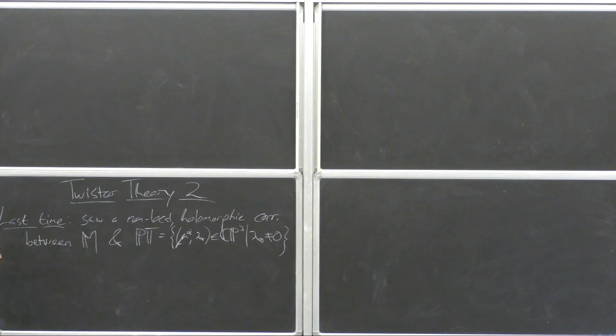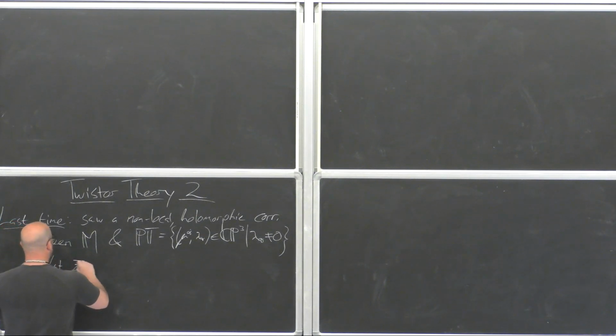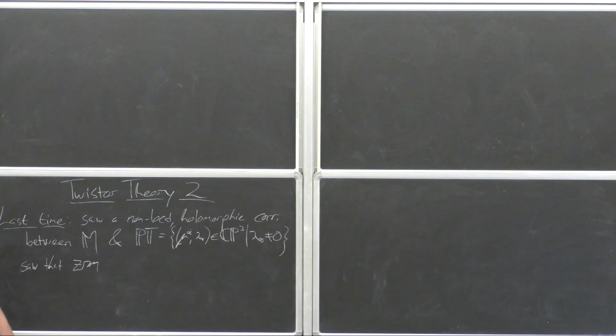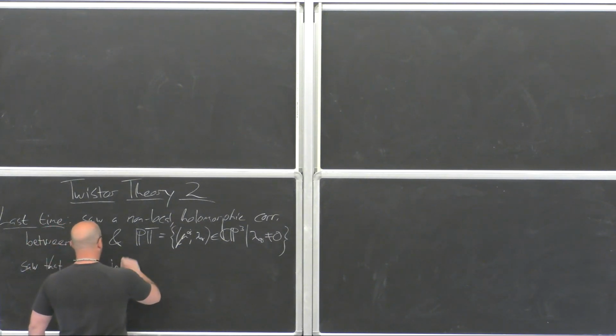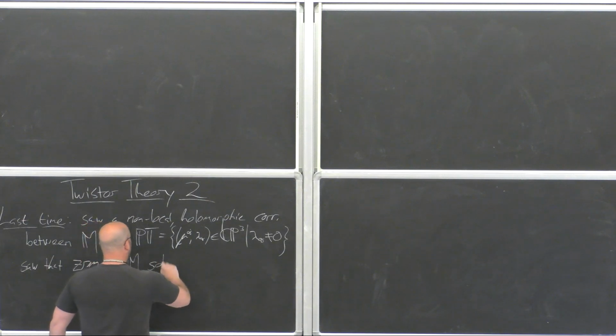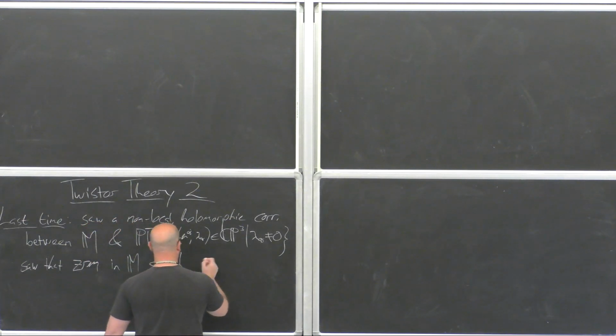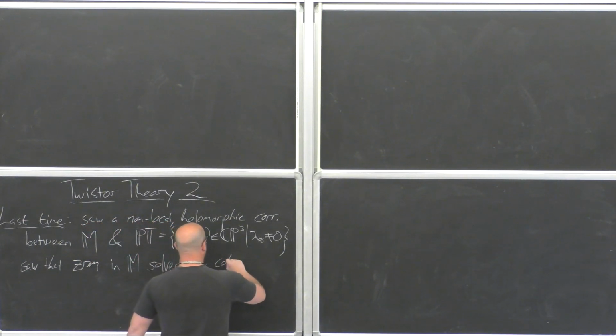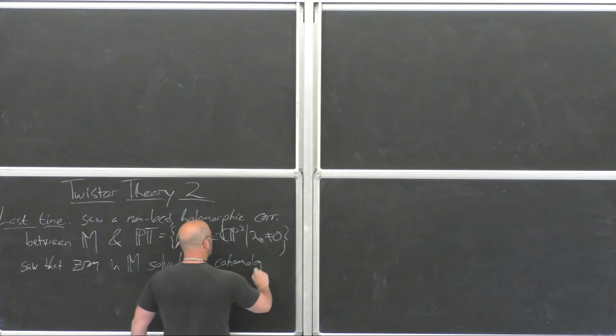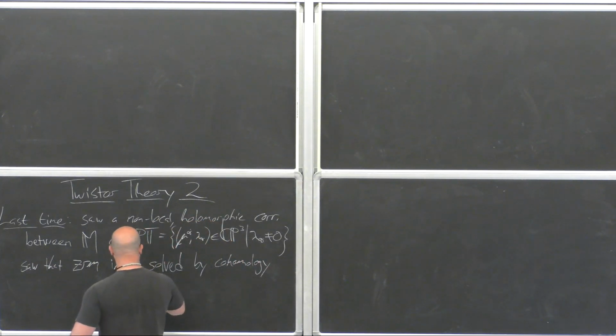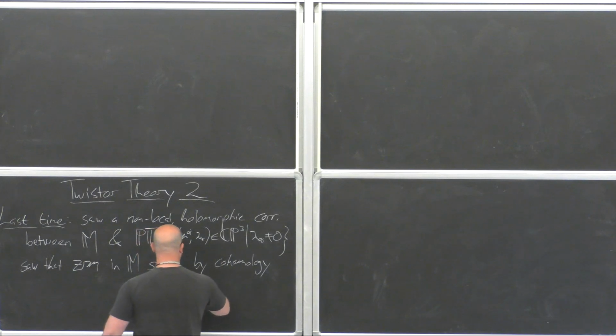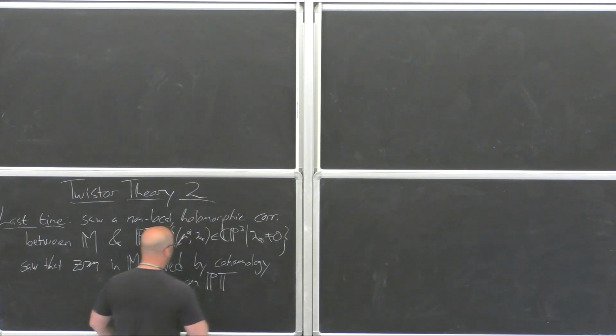And we also looked at one application of this, called the Penrose transform. We saw that we could solve these massless free field equations, these zero rest mass equations, in terms of cohomology on Twistor space.